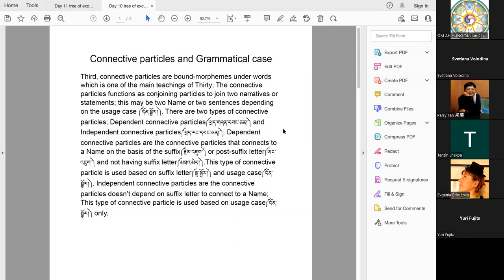Not only having suffix letter, which suffix letter? There are 10 suffix letter. So for different type of suffix letter, different particle will follow these dependent particles. And which post suffix letter? Is it ta or is it sa? Depending on that, you will see that different post suffix, different connective particle will follow the name.